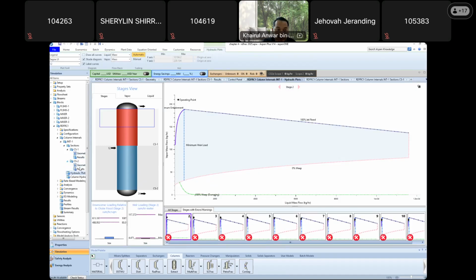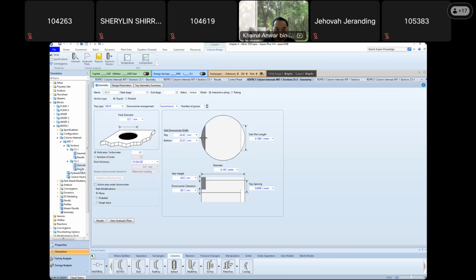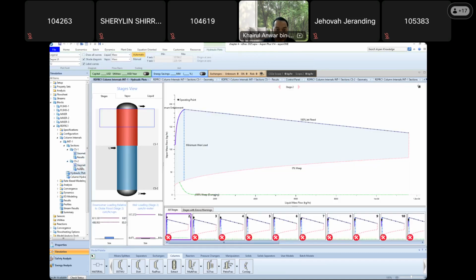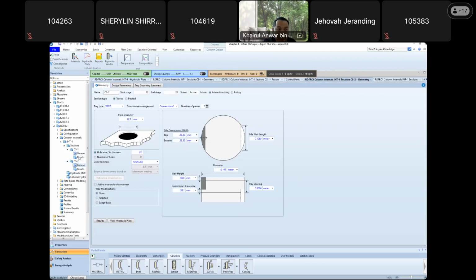How about CS2? Choosing stages 23 to 32.